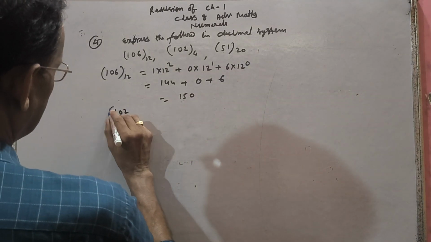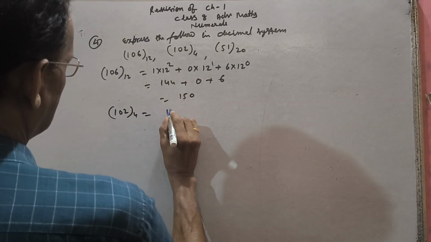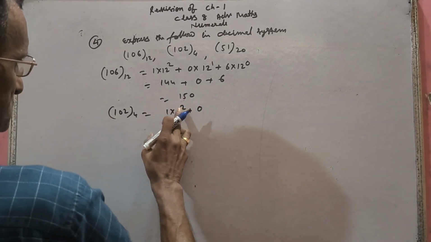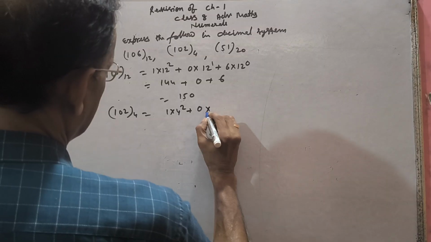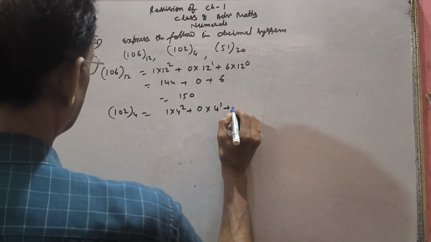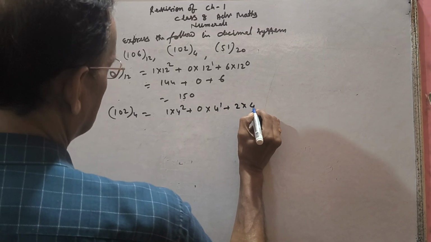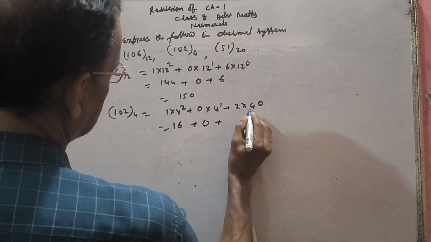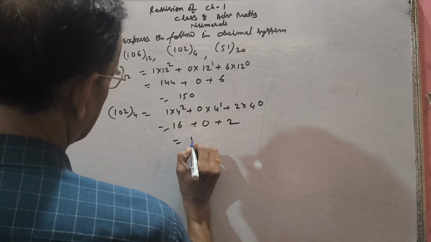Similarly, 102 base 4: 1 into 4 to the power 2, the number of digits is 3 so we start with 2, plus 0 into 4 to the power 1, plus 2 into 4 to the power 0. We get 16 plus 0 plus 2 times 1, so 18.